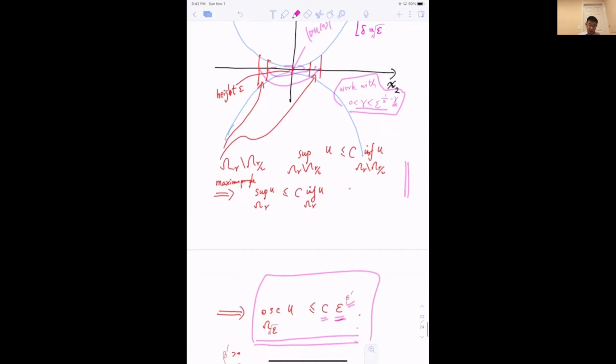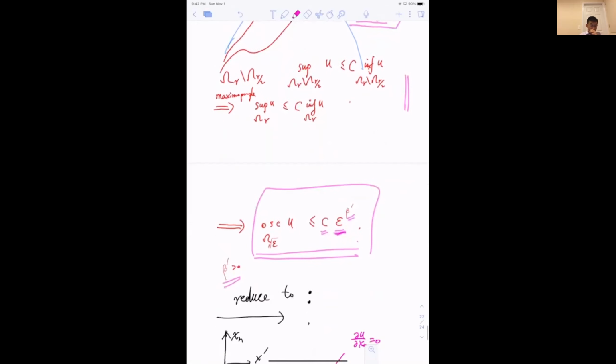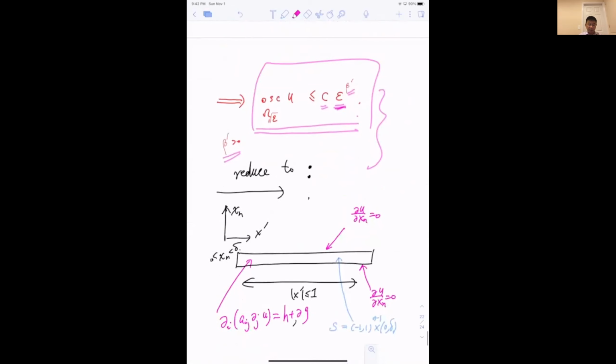So we first say that when we go horizontally, we go root epsilon, and the vertical height is epsilon. We take this cylinder, and we prove that the oscillation of U there is like epsilon to a power. Once we have this, we are able to reduce to the following situation.